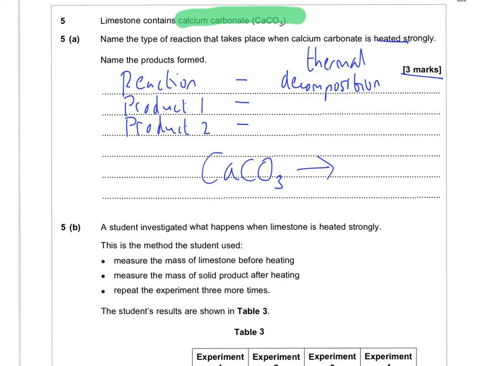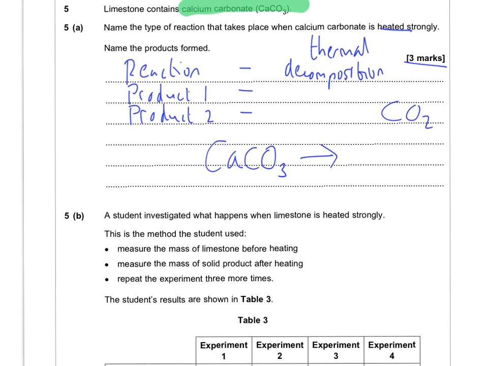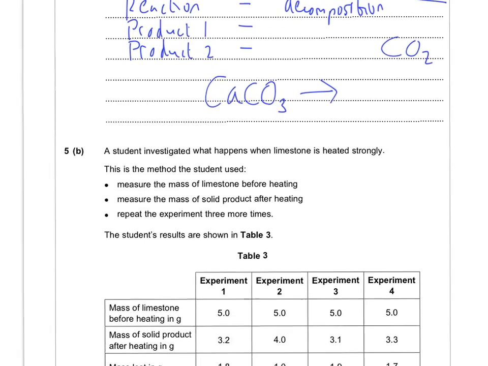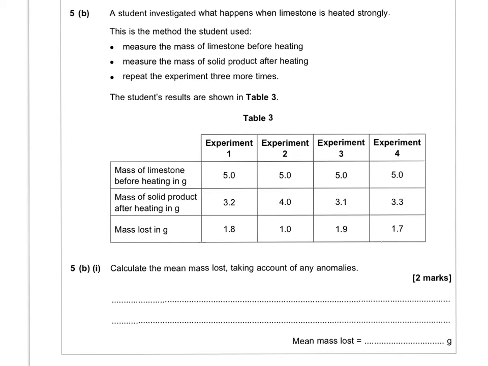What could we possibly break that down into? Well, often CO2 is released, so we could have that, and we could have something else. Okay, we could keep it as symbols. If we weren't sure, you could have a guess at symbols, so you could say CO2 and whatever's left. There's no reason why you have to write the words. So you can have a guess.